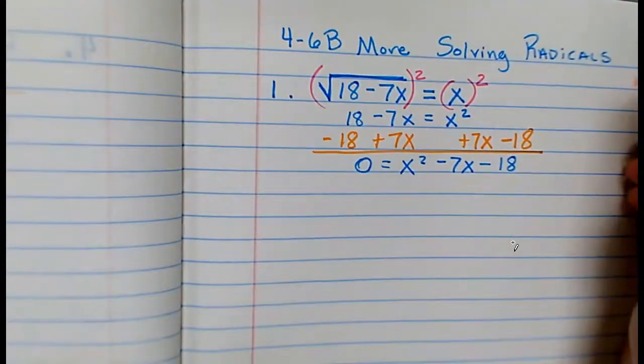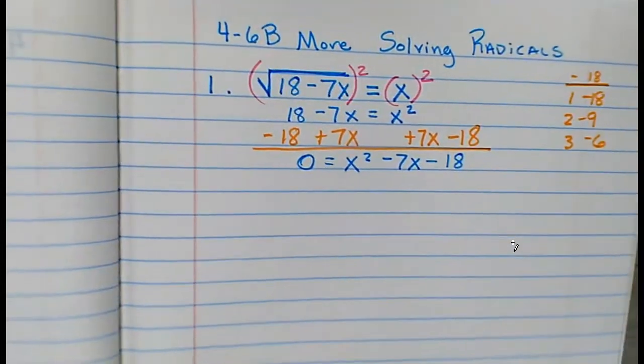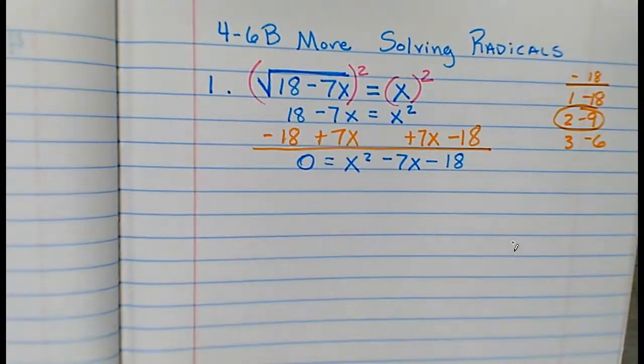The factors of negative 18 are 1 and 18 and 2 and 9 and 3 and 6. And if I put the signs in this way, these could add up to a negative 7.